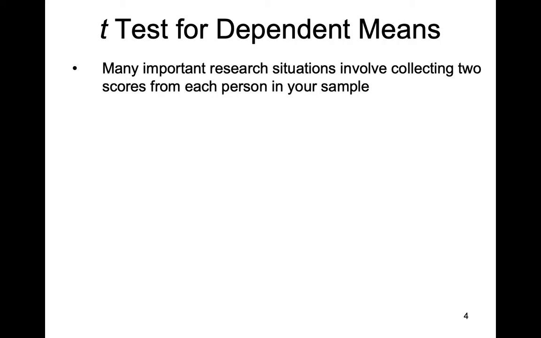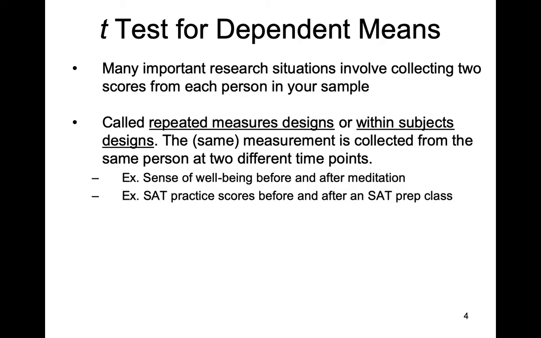Here we're going to have 2 scores from each person. This is often done in repeated measures designs, and another name for a repeated measures design is a within subjects design. The same measurement is collected from the same person at 2 different points in time.